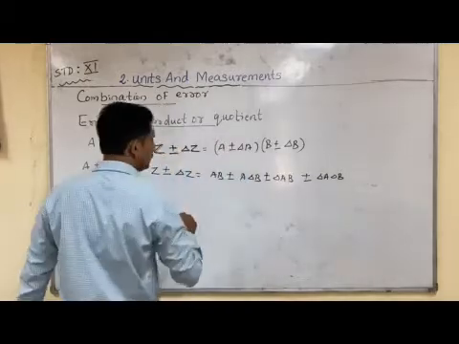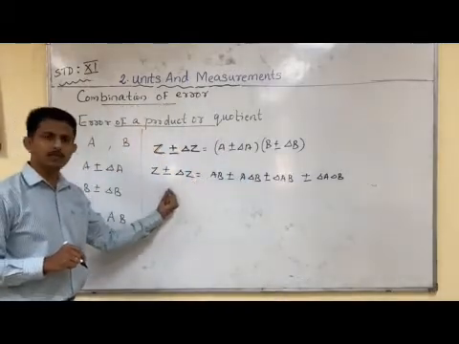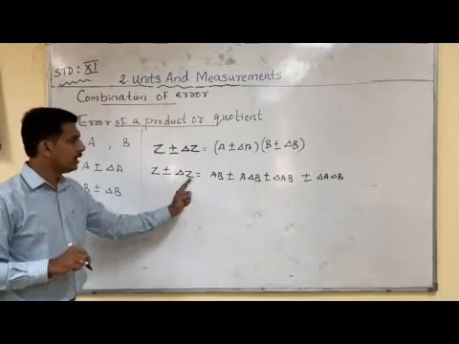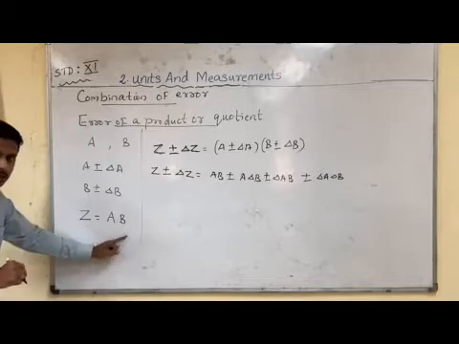Now we are going to do some operation here. We are dividing the left hand side of this equation by Z and the right hand side by AB, because we mentioned that Z is equal to AB.